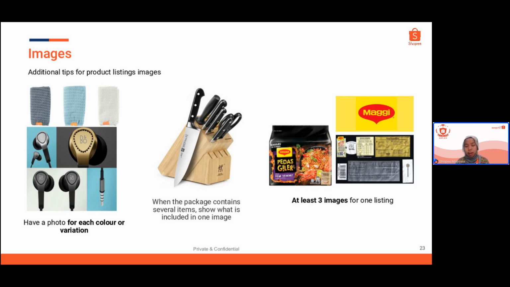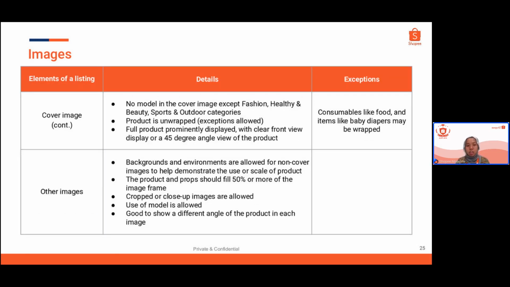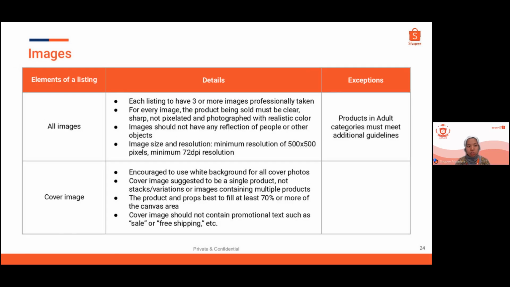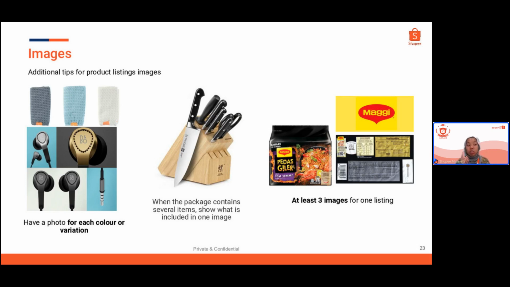A good product consists of three things. Let me just show you guys. You should have the photo from the front view, the side view, and also the top view, so that buyers who are not able to see the product in real life can understand it.